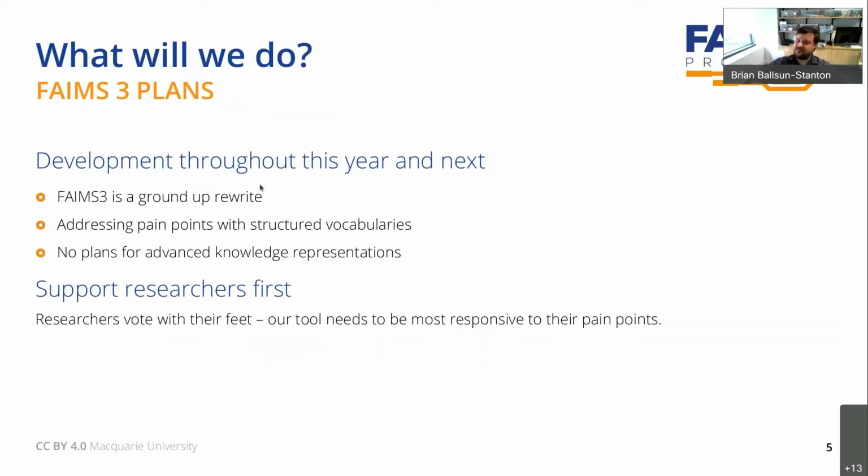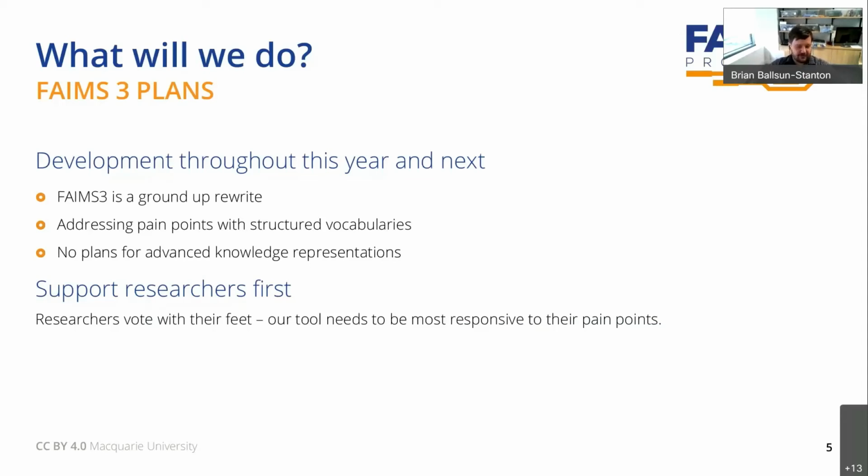We're in the middle of FAIMS 3 development. The reason why I don't have any screenshots is our UI is rapidly changing. It is a ground-up rewrite, and we are trying to come at this problem from a pragmatic perspective.